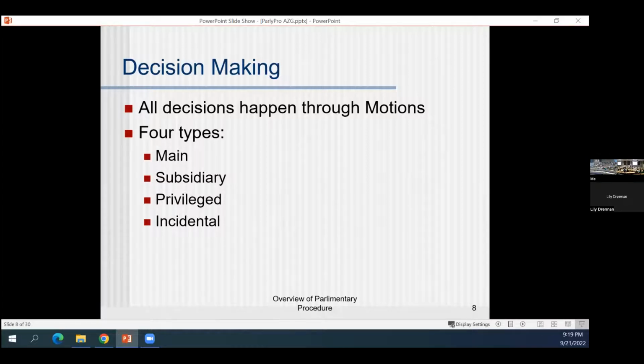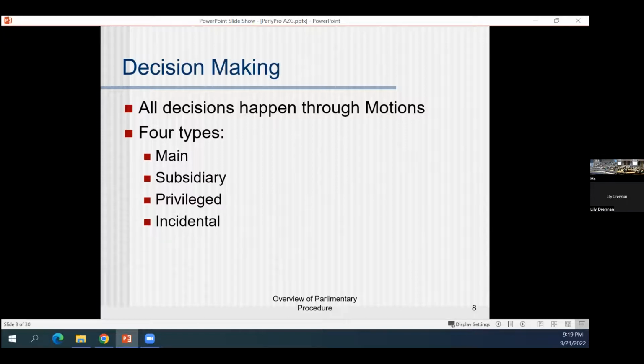That's a main motion. Your subsidiary privileges and incidental motions are side motions that you've probably heard people make, a point of information, point of order, to ask questions, to check, make sure that the process is being done correctly, and to deal with issues within the room. If someone in the back can't hear because the speaker's mumbling, they're going to raise their hand and say, point of order, I can't hear.